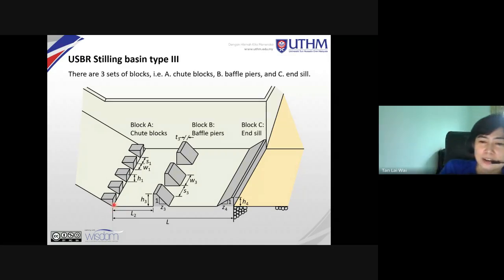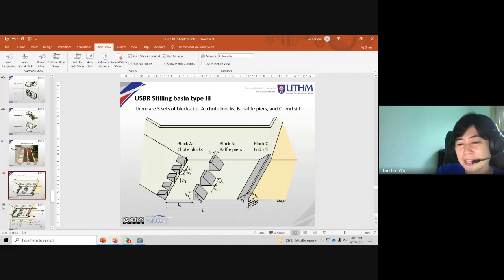Now, when you want to design the sealing basin, the first thing you want to know is the width of the basin itself, or the length of the sealing basin itself.